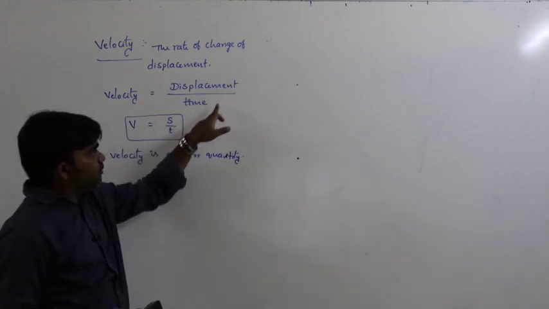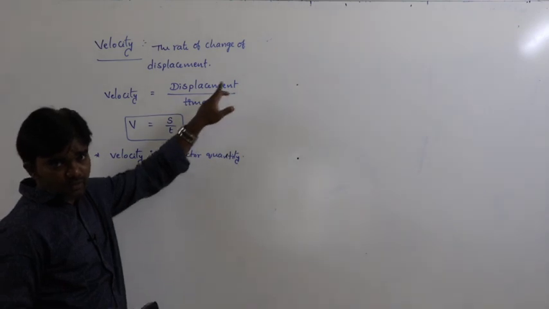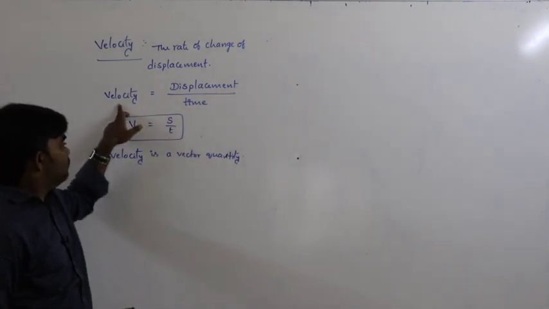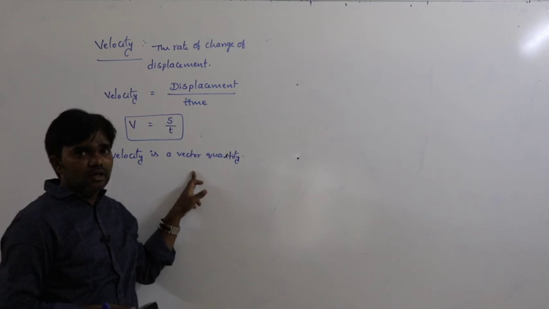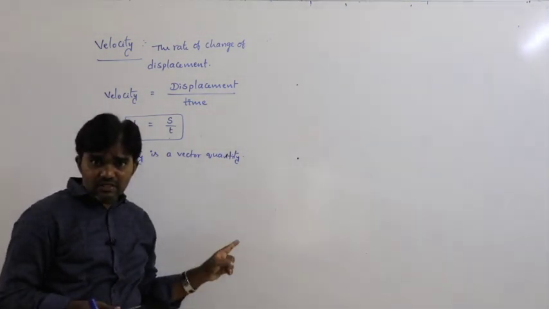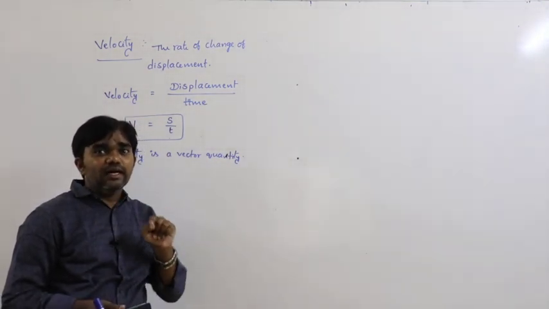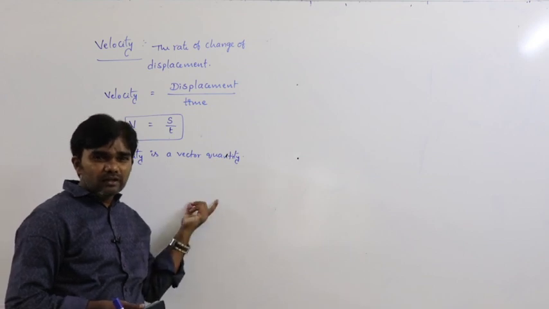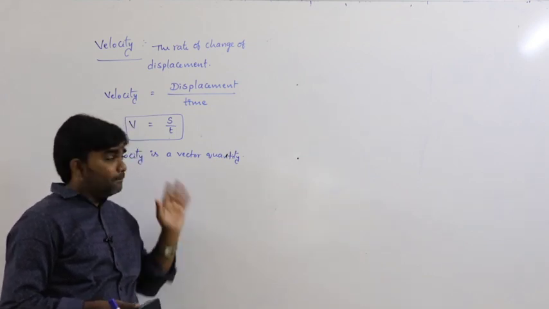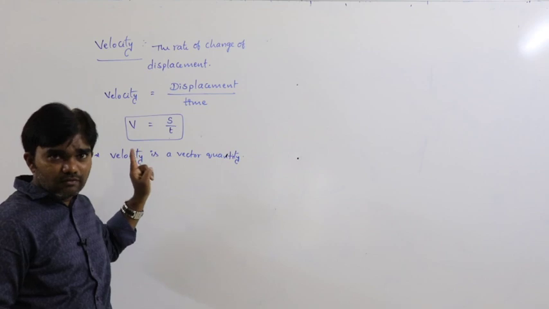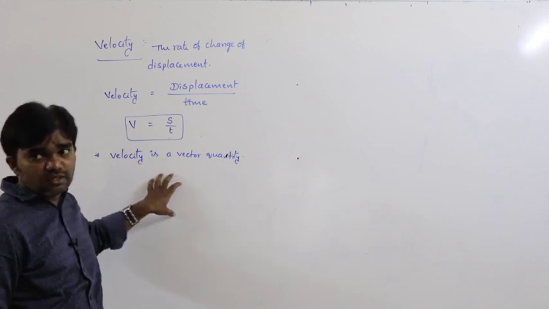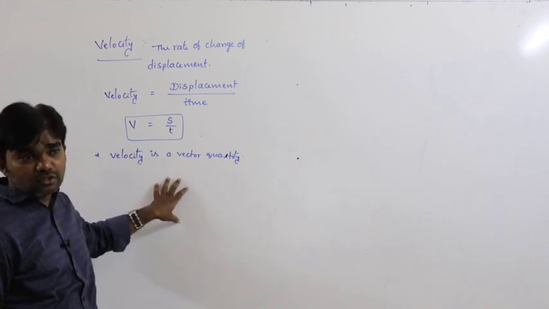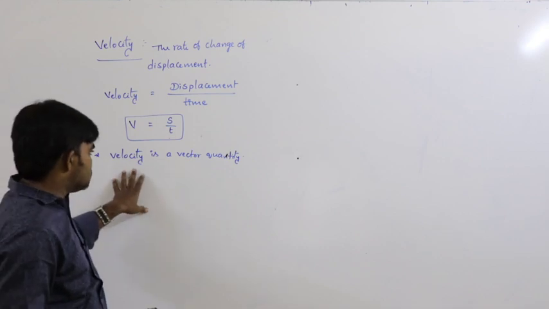A vector divided by time, which is a scalar, gives a vector. So velocity is a vector quantity. While mentioning velocity, we must mention the direction. While defining speed there is no need for direction, but while mentioning velocity we must mention the direction of the body.